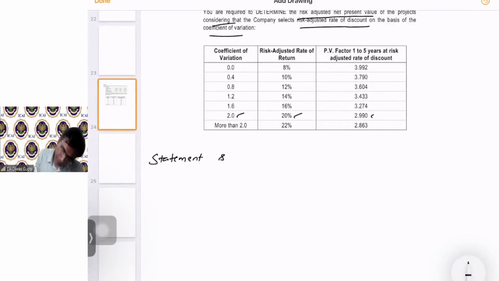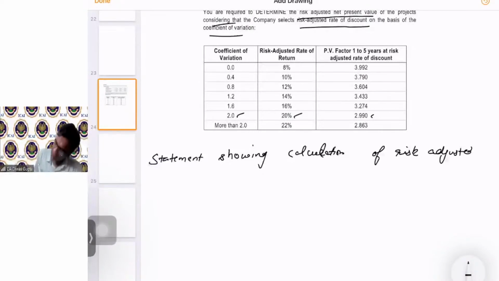Statement showing calculation of risk adjusted net present value.